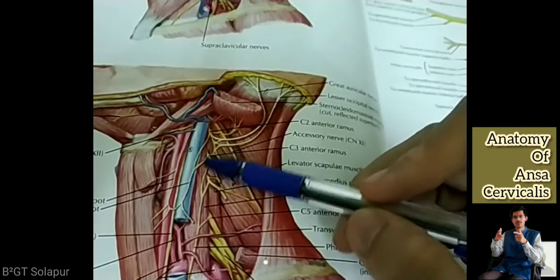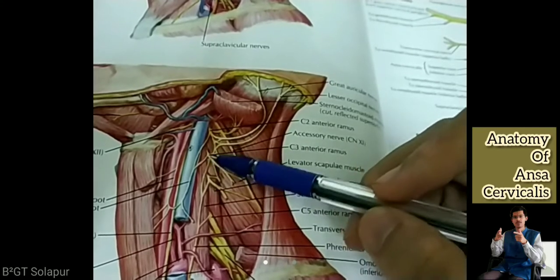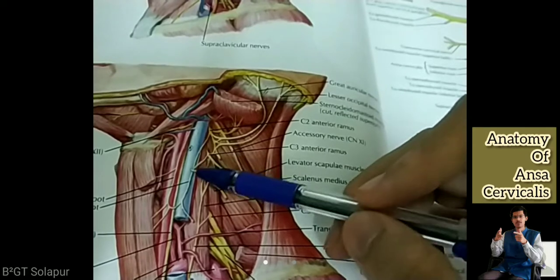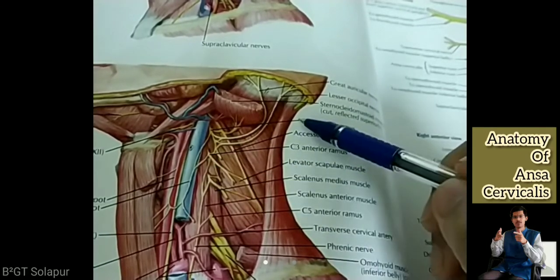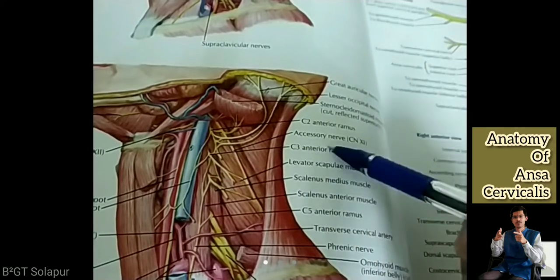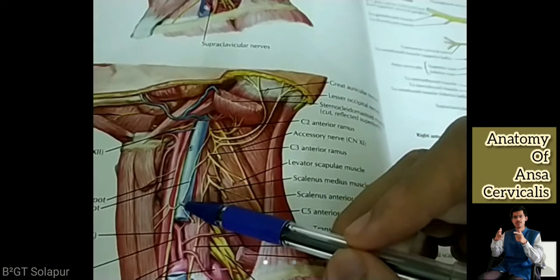See, C2 and C3 are coming together. Can you see C2 and C3 coming together? And C1 is also here. It is also sharing some nerve fibers. Okay, C2 rami, C3 rami. Can you see this C2 anterior rami branch coming from here? C3 anterior rami branch coming from it. They are combining to form this ansa cervicalis loop.